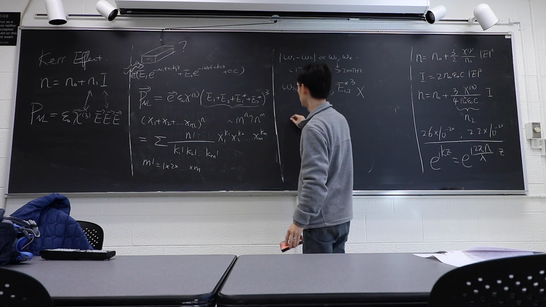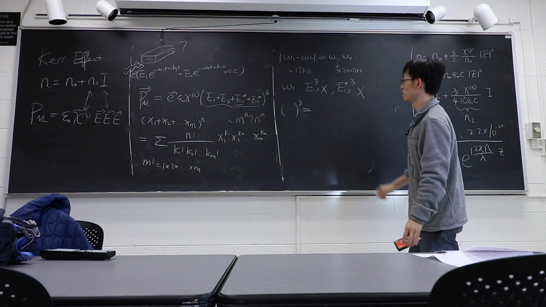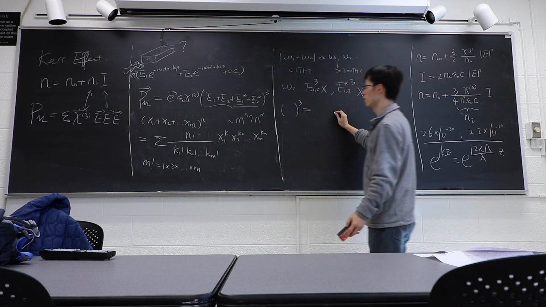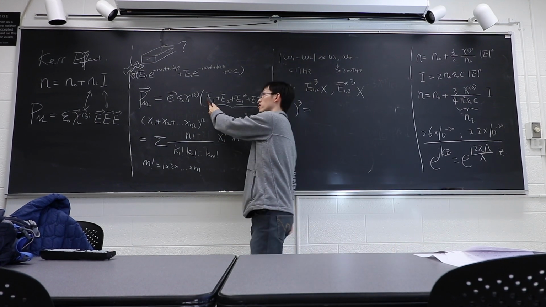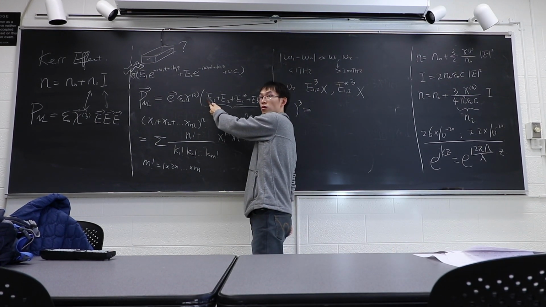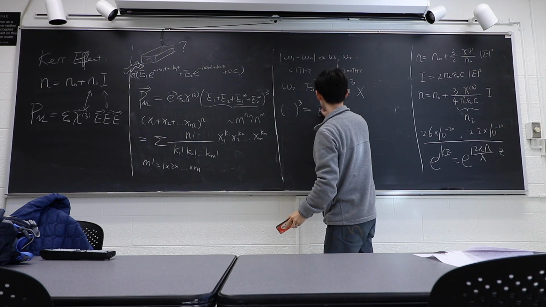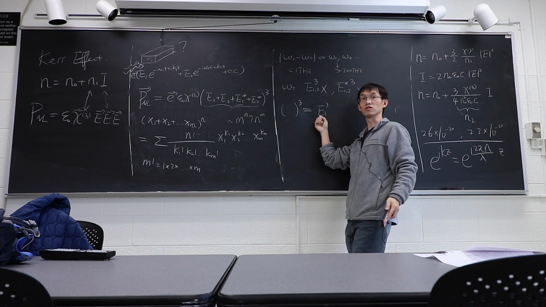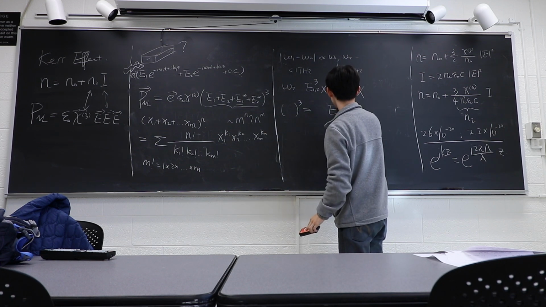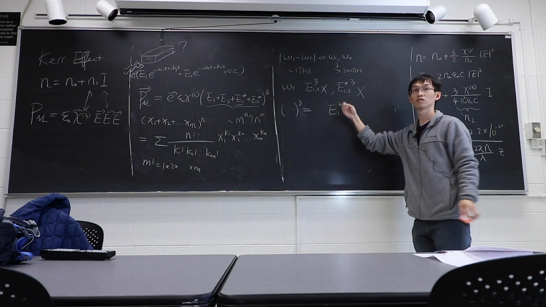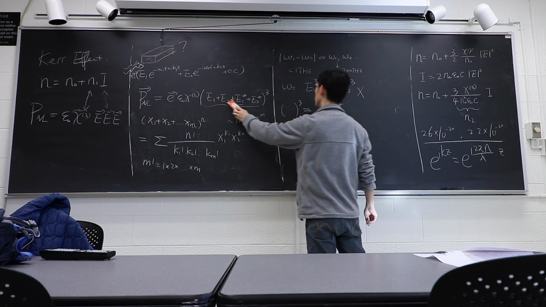So we can get a few combinations. The way to count it is we can only take one or two of E1. Let's start from the highest order, E1 squared.